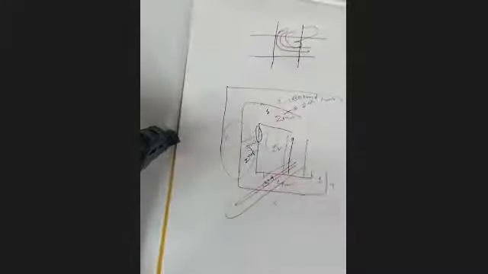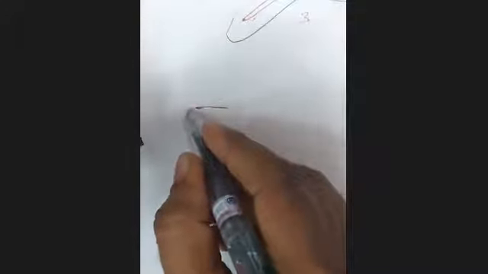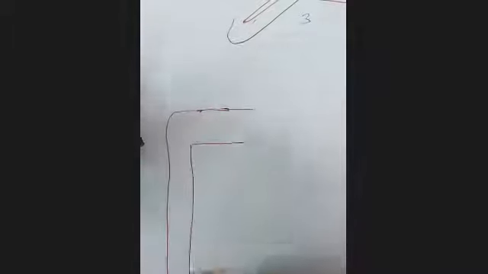Now orienting you towards the anatomy of the pancreas. Suppose this is the C-shaped loop of the duodenum, and this is the pancreas.